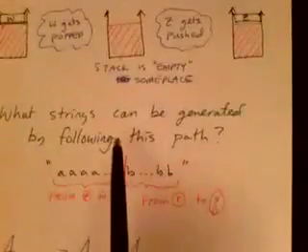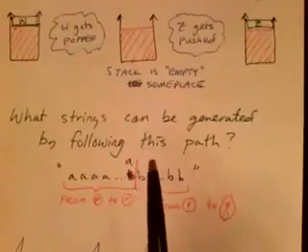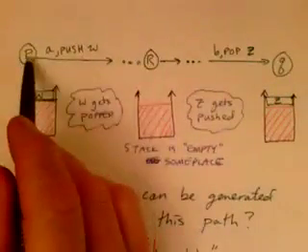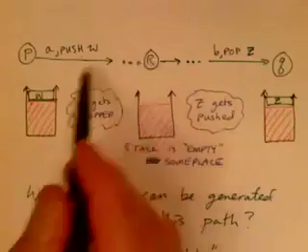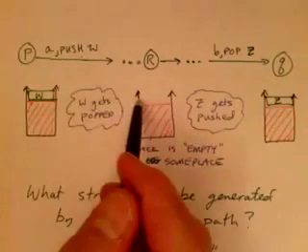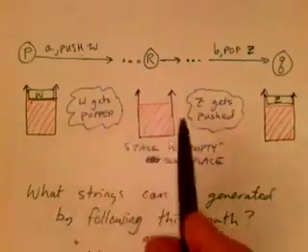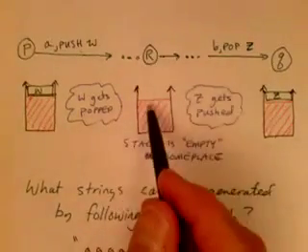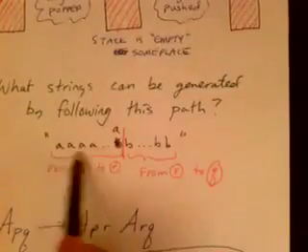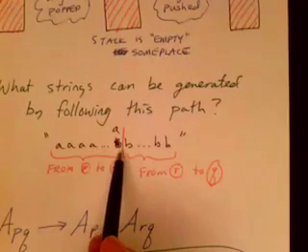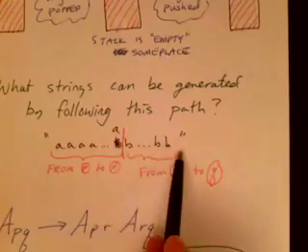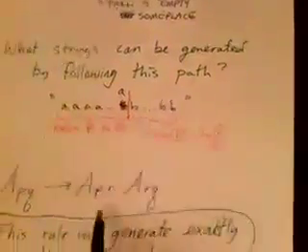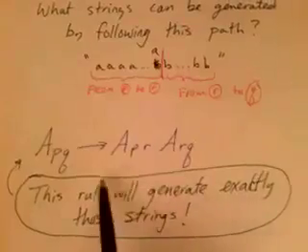So what strings can be generated by following that path? Well, we've got the strings that take us from P to R. We're going from an empty stack here to an empty stack there. And then we go from R to Q, from an empty stack to an empty stack. So the strings that take us from P to Q consist of the strings that take us from P to R and from R to Q. And we have non-terminals to describe those strings.